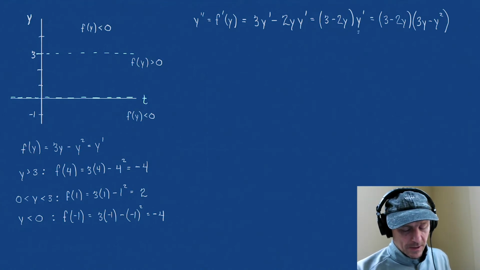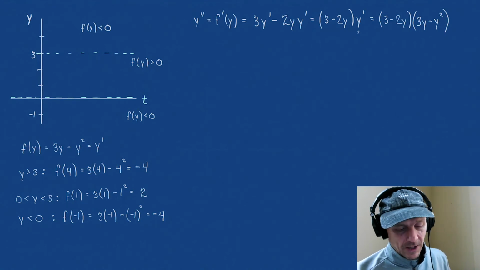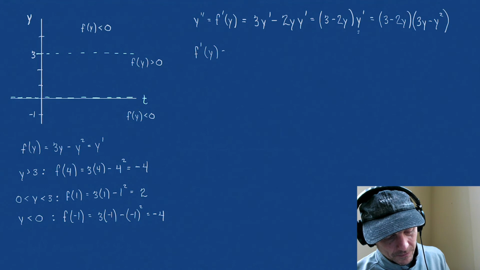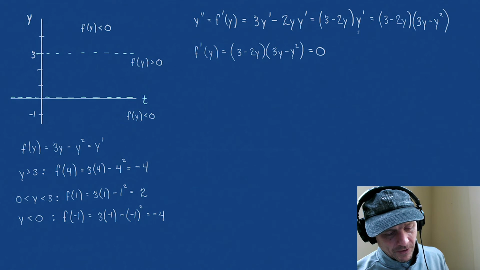Now, what else can we do with this? Oh, well, let's see if there's any inflection points in this. So inflection points come when f prime of y, which is 3 minus 2y times 3y minus y squared, is equal to 0. This will give us our inflection points. Well, what we have to solve is we have to set both factors to 0.